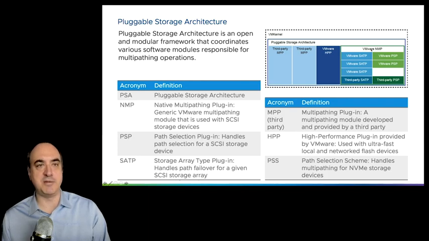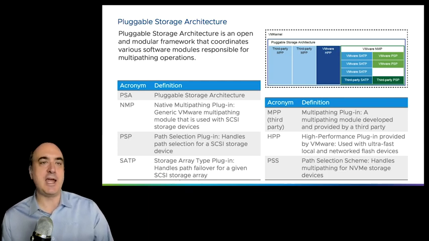The native multipathing plugin is made up of 2 main types of software components. There is what we call the storage array type plugins, or SATPs. These are the main drivers to communicate with the supported arrays out there. There is an SATP for active arrays, there's an SATP for active-passive arrays, and there's a storage array type plugin for local devices.